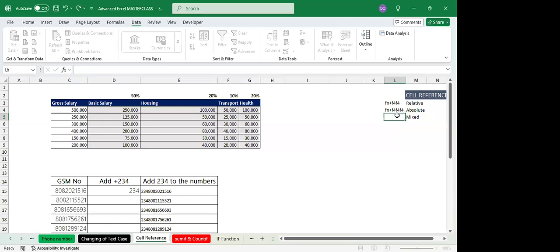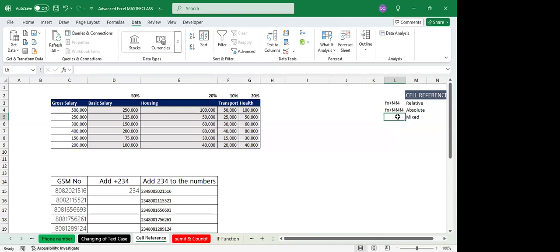For absolute referencing, you are going to press the Fn plus F4 three times. Please, as I'm saying it, try it on your system. After I say this last one, I'm going to leave maybe 30 seconds for you to quickly try it.